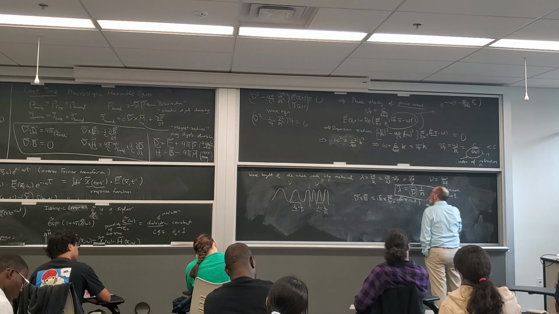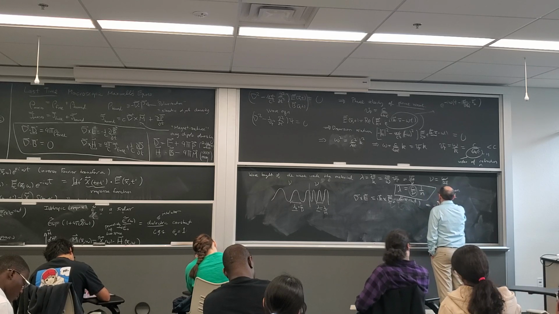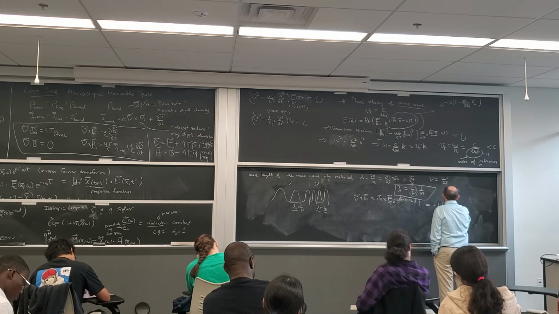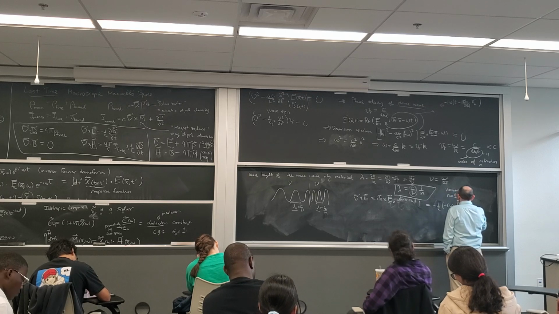This is equal to minus 1 over c times minus i omega B0.